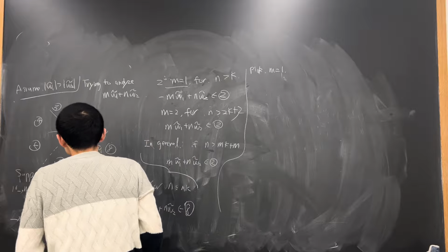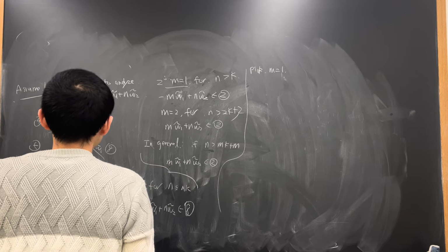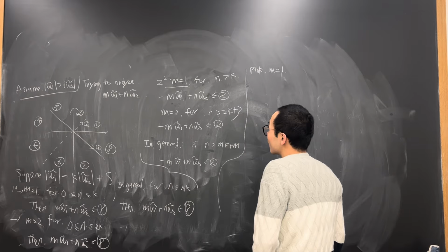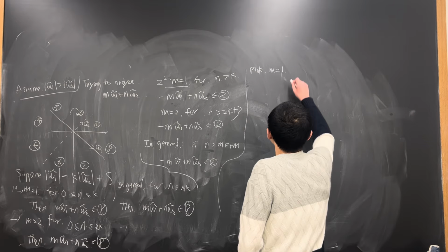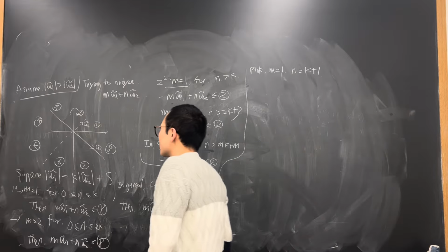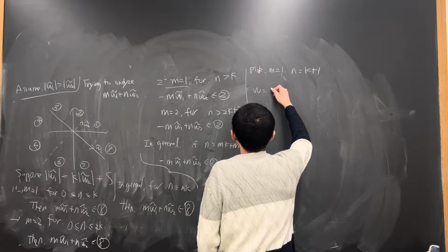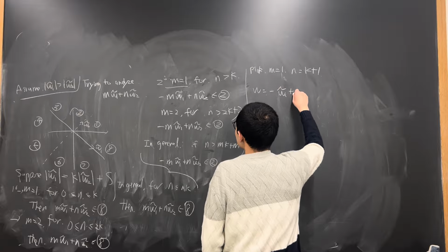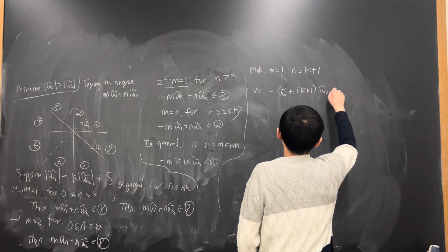Actually I think it's a negative m, right? So pick m equal to 1 and n equal to, let's say, k plus 1. Then I would have this omega, which is equal to negative omega 1 plus k plus 1 omega 2.